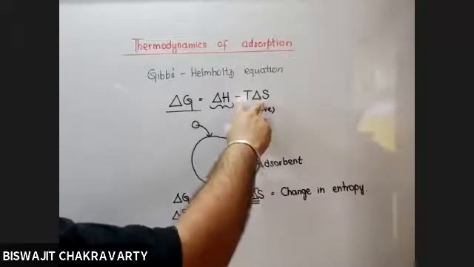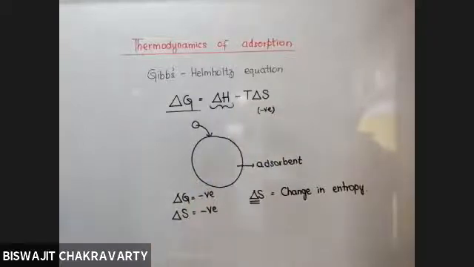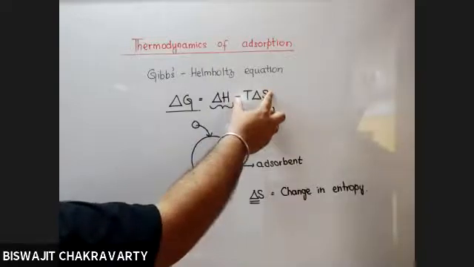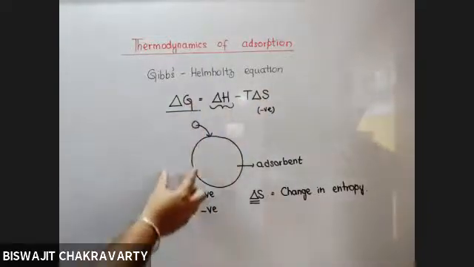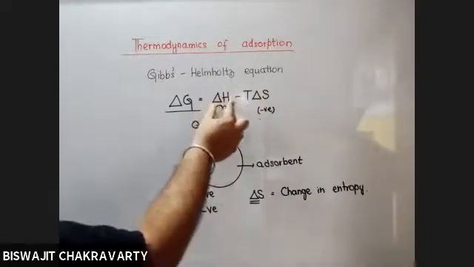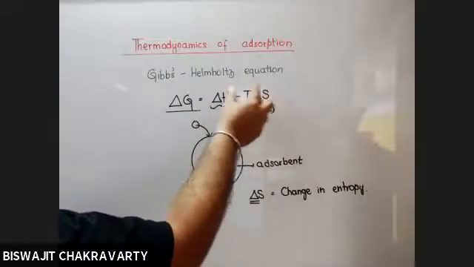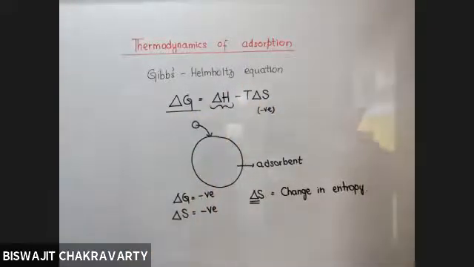So negative into negative gives positive. If this is positive and the overall value is negative, will not delta H be greater than the second term in magnitude and negative? Isn't it? So we can say that delta H is also negative.